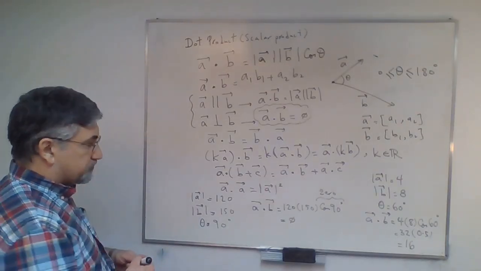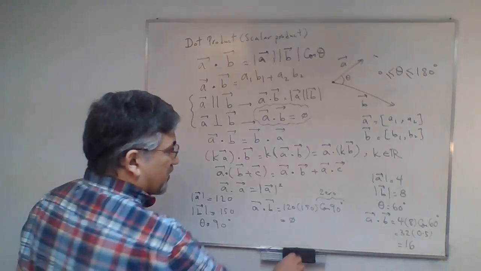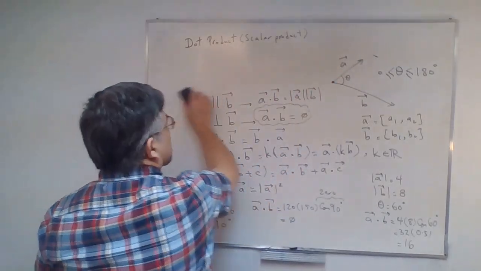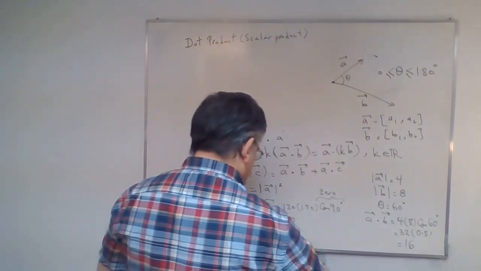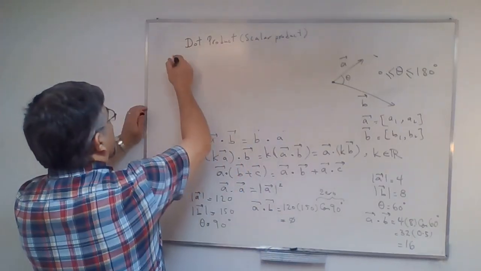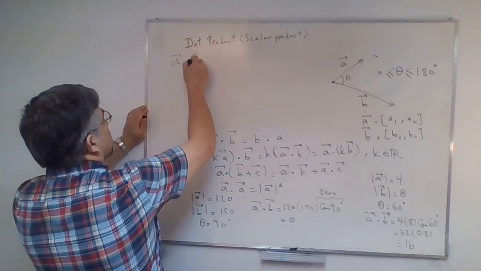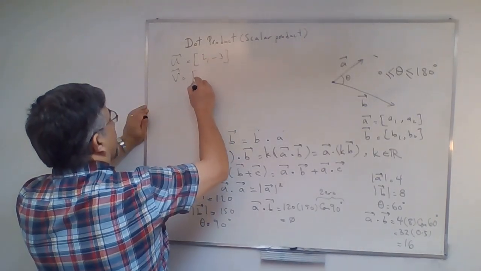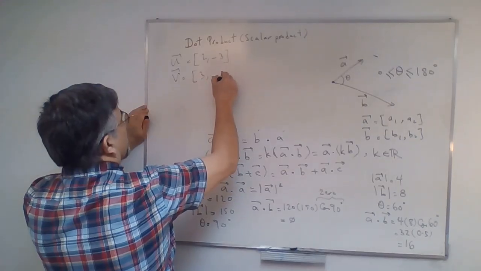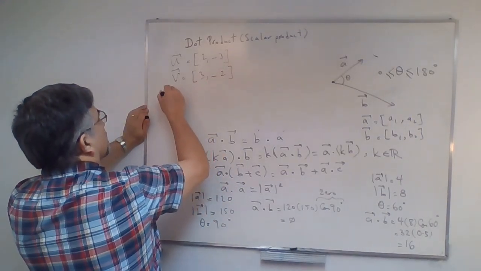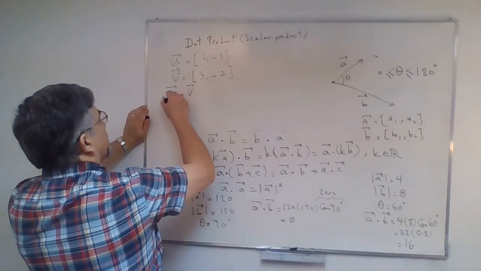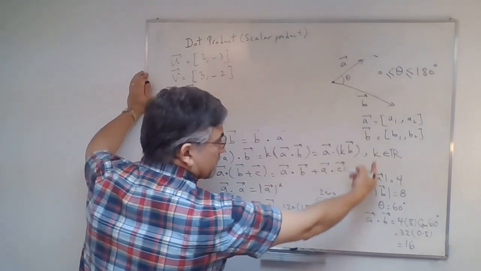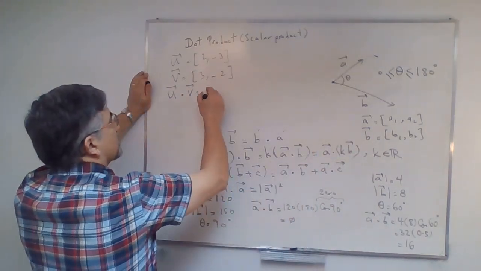I can give you other examples. For example, let me erase this top part. So we have vector u, (2, negative 3), vector v, (3, negative 2), and we want to find u dot v. We're going to use the property I mentioned earlier.